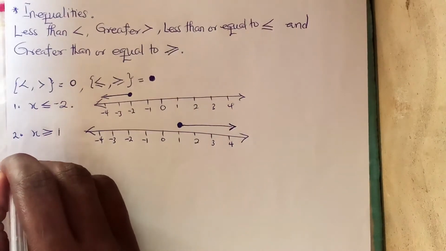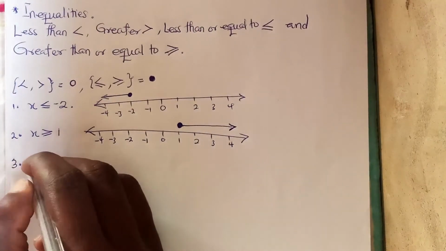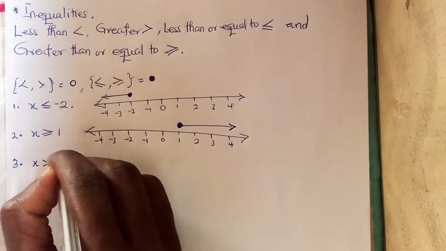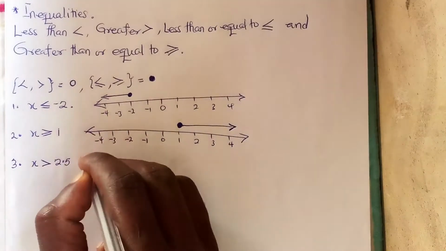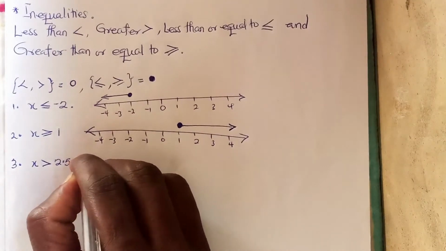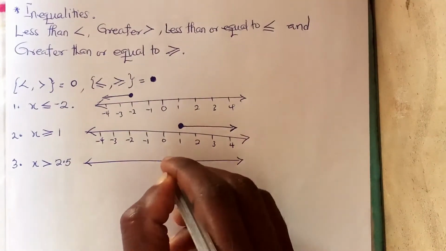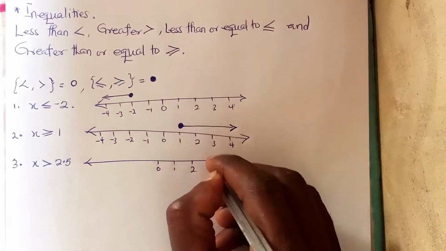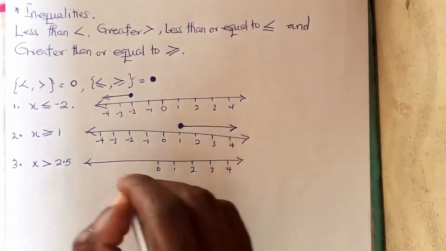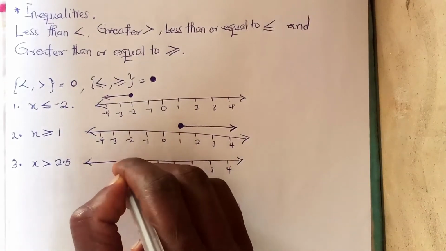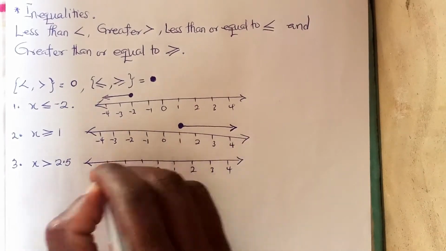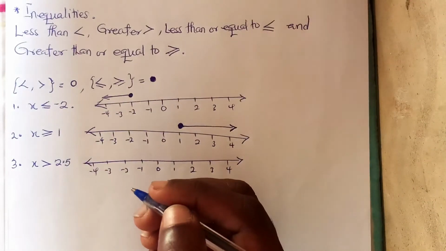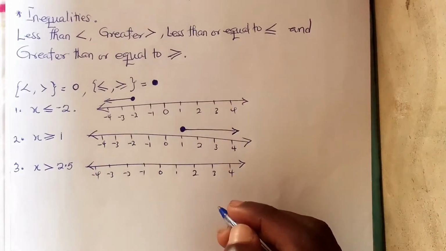Example 3. We have x greater than 2.5. Zero, 1, 2, 3, 4. Minus 1, minus 2, minus 3, and minus 4. And we are told x is greater than 2.5.